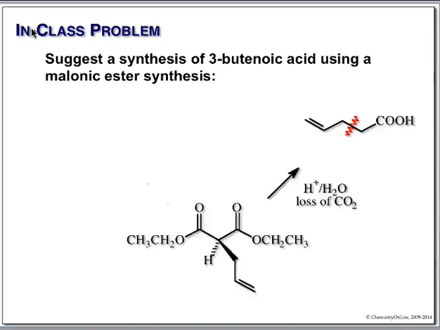If this is the bond that we made, then the alkyl group that we introduced had 1, 2, 3 carbons with a double bond out here. So the malonic ester had to look like this. This is malonic ester with 1, 2, 3 carbons and a double bond attached here.